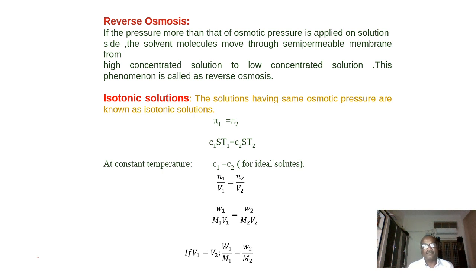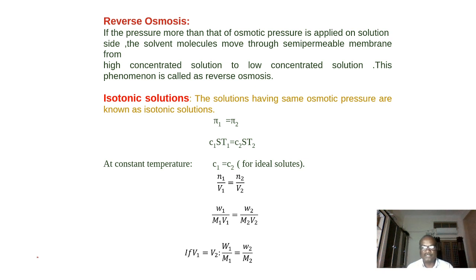What is the meaning of reverse osmosis? In reverse osmosis, if the pressure applied on the solution is greater than the osmotic pressure, then the solvent molecules will move from the high concentration region to the low concentration region through the semi-permeable membrane.